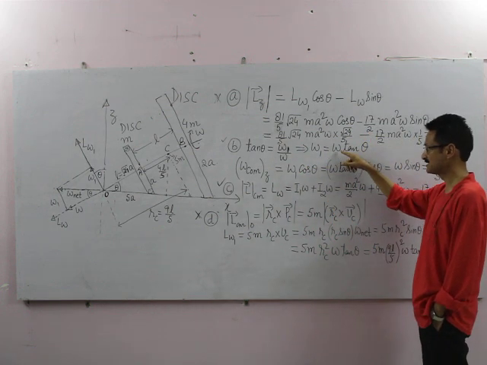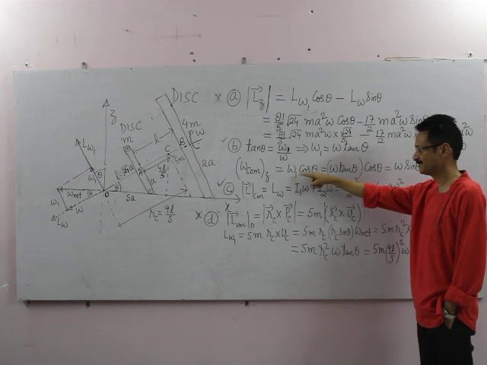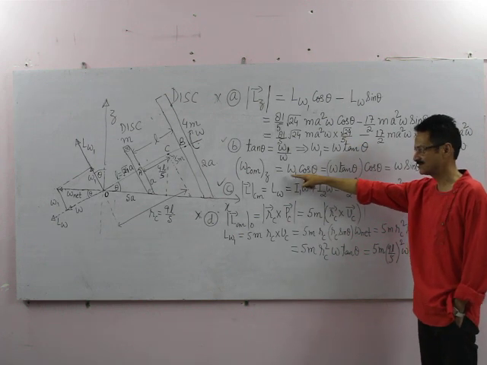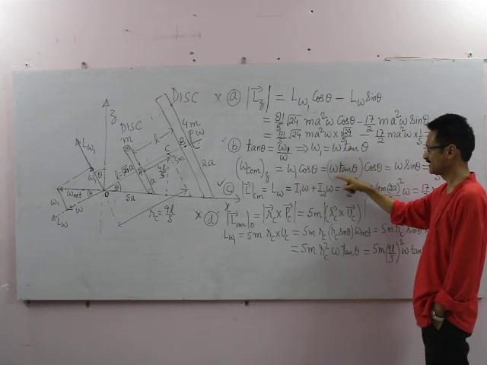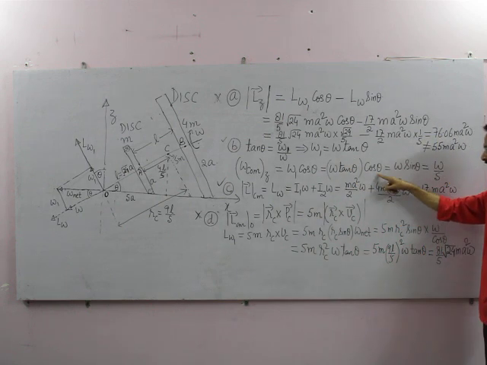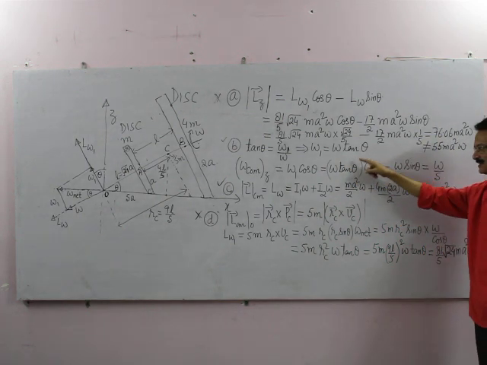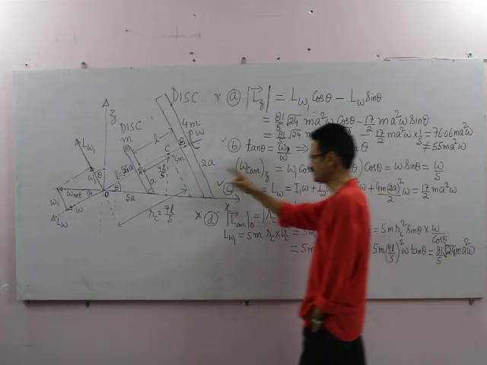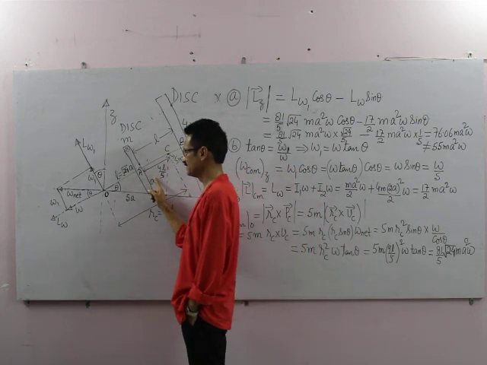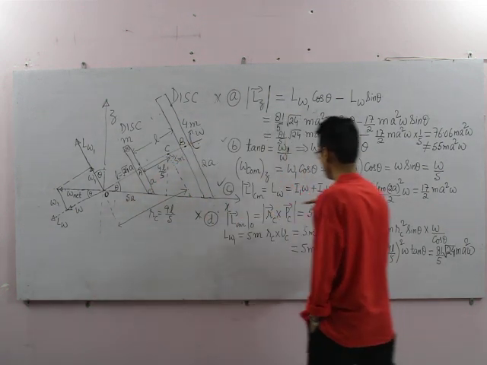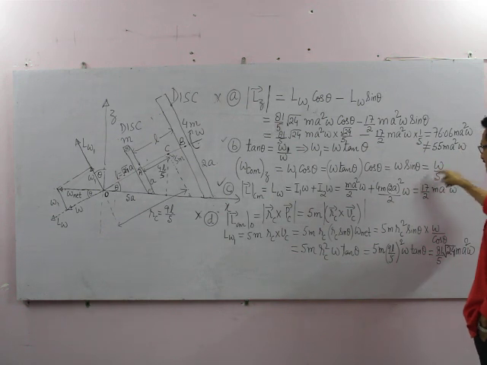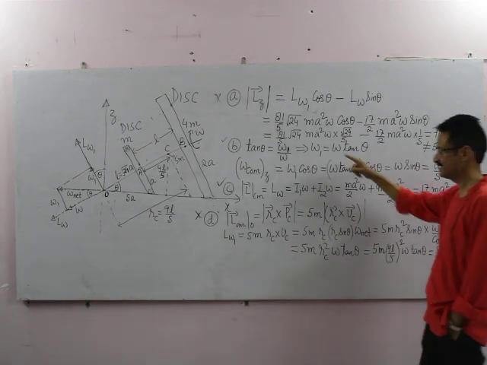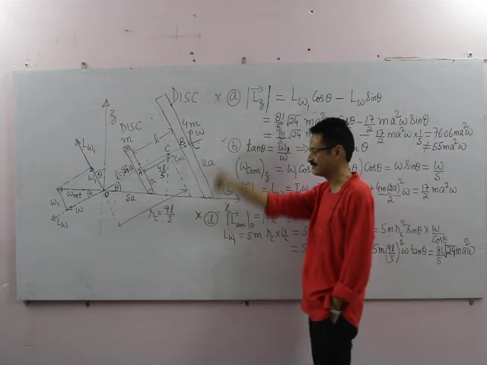Inserting the value of omega 1 from here, it becomes omega tan theta into cos theta, and then tan theta can be written as sin theta by cos theta, so it eventually boils down to omega sin theta. And sin theta from this triangle will be this by this, that is 1 by 5. So sin theta is 1 by 5, so it indeed turns out to be omega by 5. So this option is correct, so I put a tick over here.